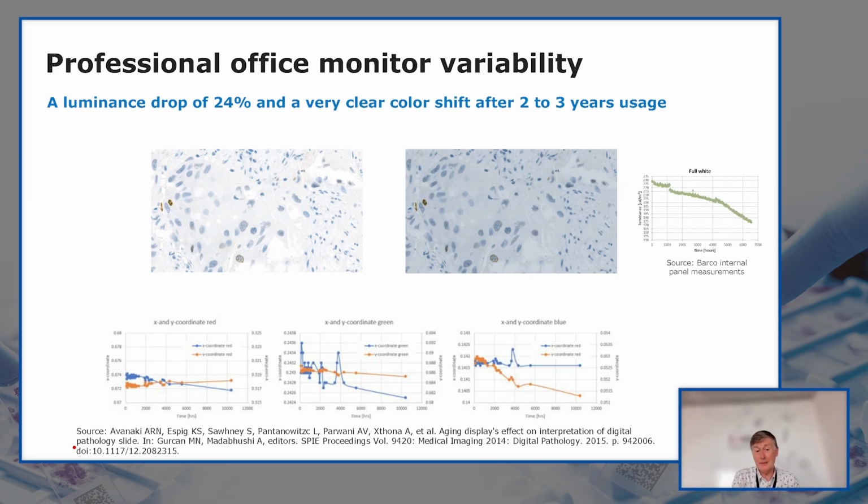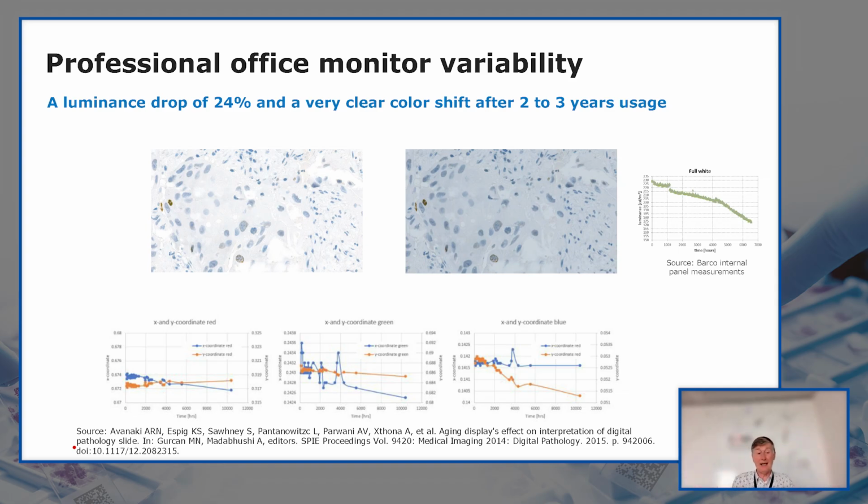And you also see typically for those kind of office displays, they make a shift to a bluish. So after 2 to 3 years, they become much more bluish than the original one. So think about using different office displays with multiple colleagues of not the same age. You will be starting to look at something which really becomes a moving target. So that's also an issue.